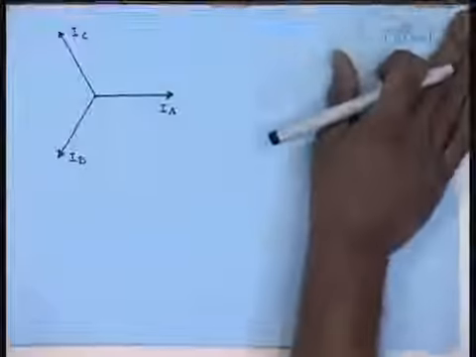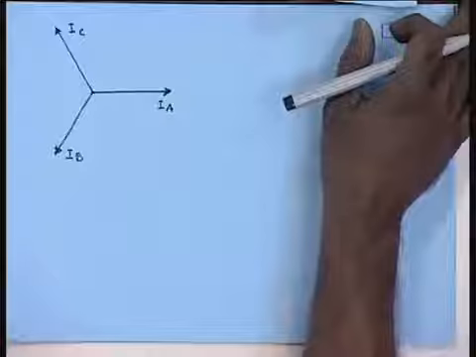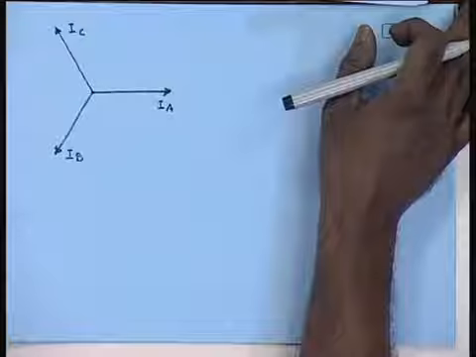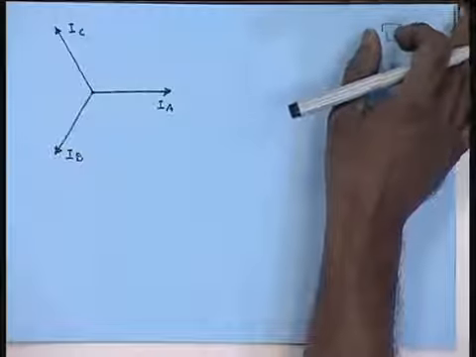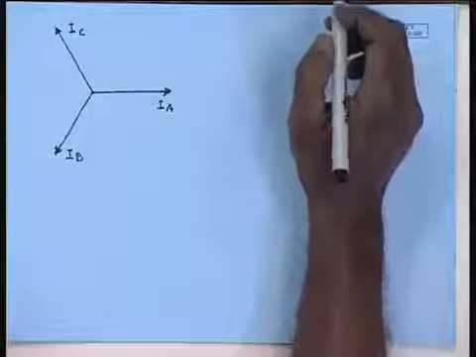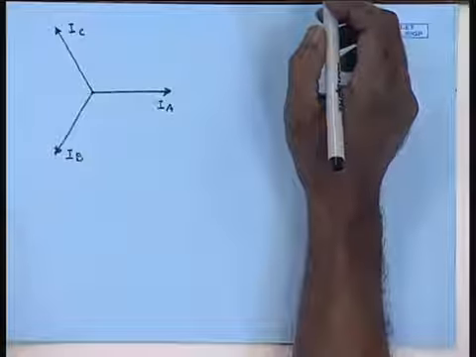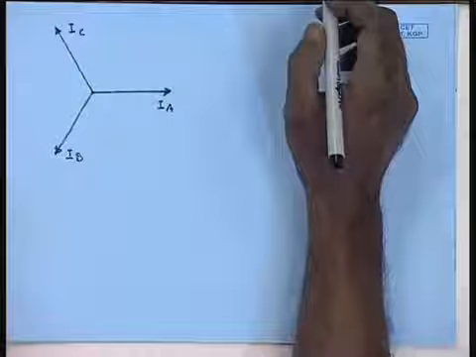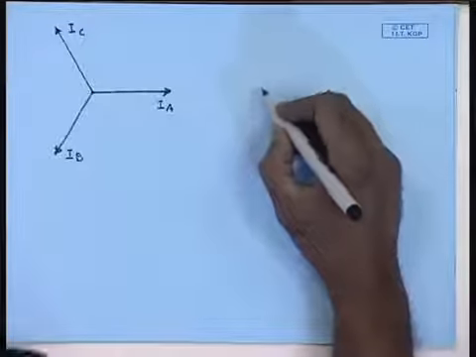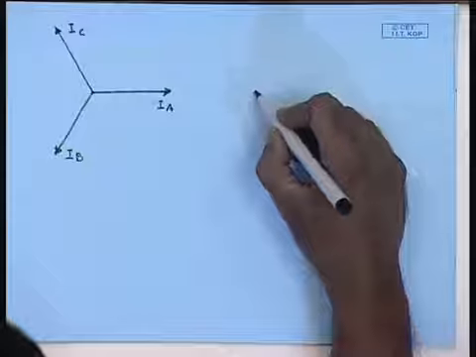If we keep these relations in mind, then the phasors I A2A1, B2B1, C2C1 will look like this.